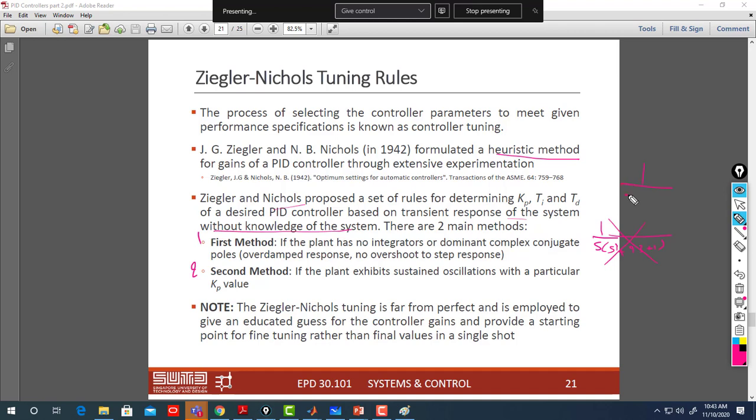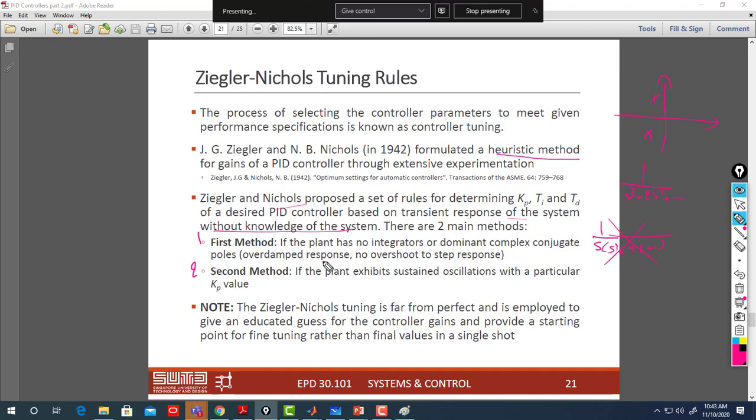If my plant is a higher-order system and the dominant poles are complex conjugate, then also I cannot apply it. If your system is a second-order system with complex conjugate poles, you cannot apply it.